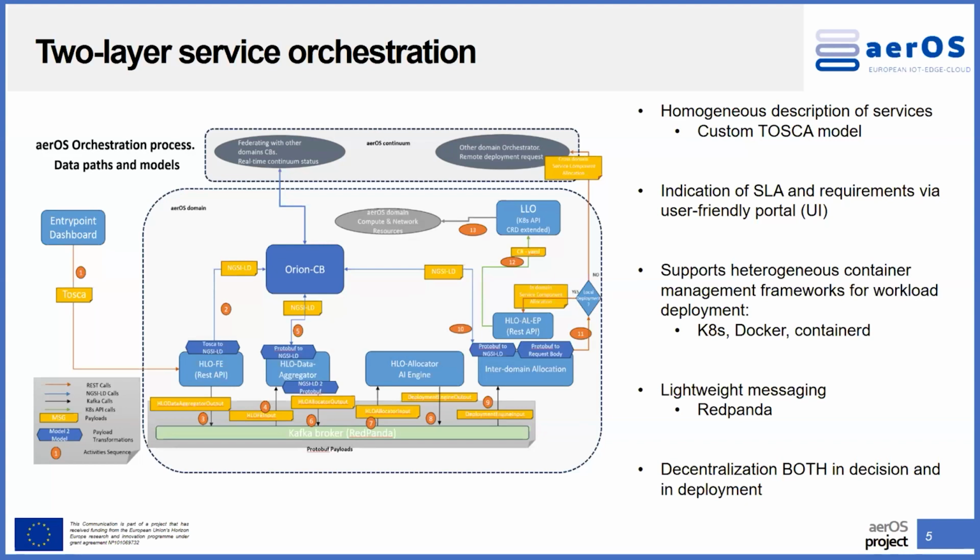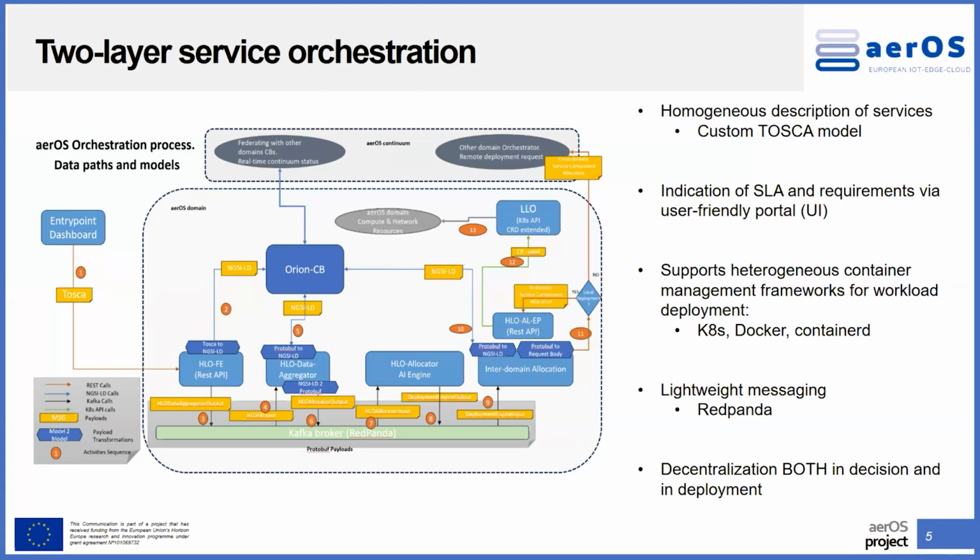In order to receive this request, we have used a slightly customized TOSCA model that can support all the descriptions. It's built through a very user-friendly user interface, which compiles at the end a TOSCA file, a YAML file, which is very standardized and can describe all the needs and requirements of each service that needs to be deployed.